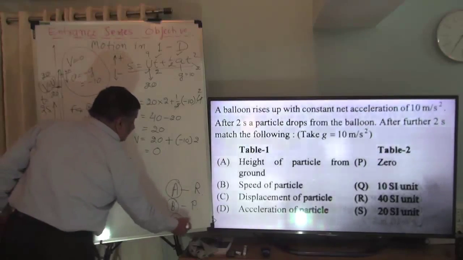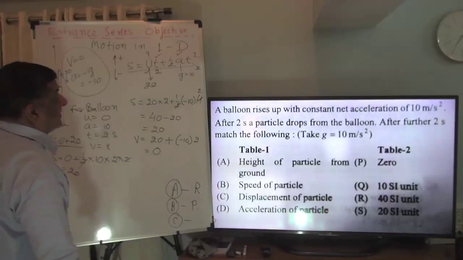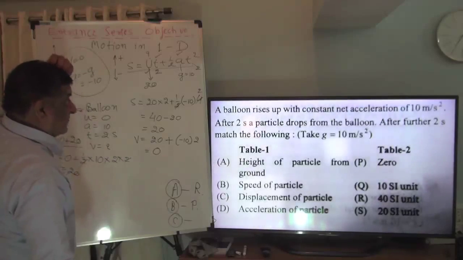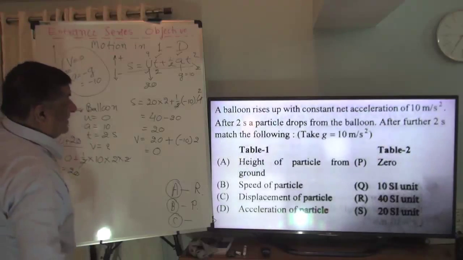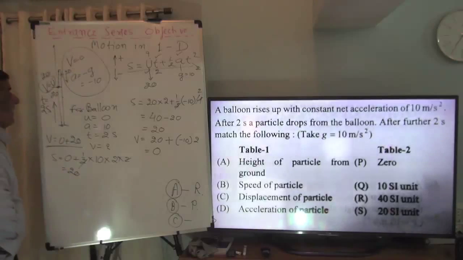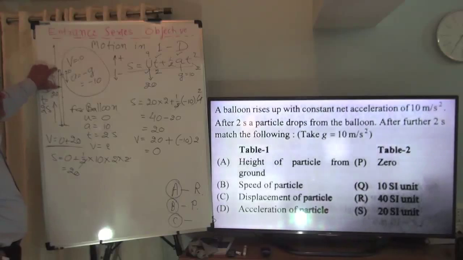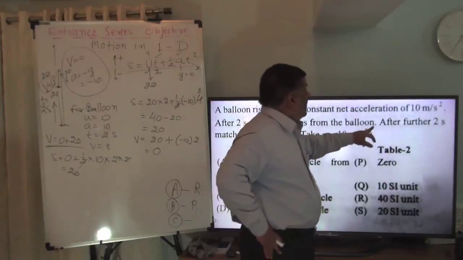Then C. Displacement of the particle. Displacement of the particle from what? Displacement of the particle after 2 seconds. From this place to this place, how much is the displacement? The moment it leaves, after 2 seconds, the particle drops from the balloon.